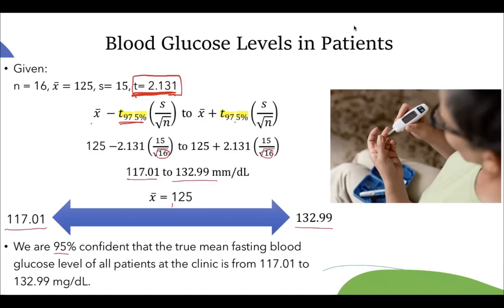We're still 95% confident that the true mean fasting blood glucose level of all patients at the clinic is from 117.01 to 132.99. So lots of things do not change from the previous lecture to this lecture, but some things do change, and we really want to be careful about using t-scores instead of z-scores. Other than that, things are very similar.